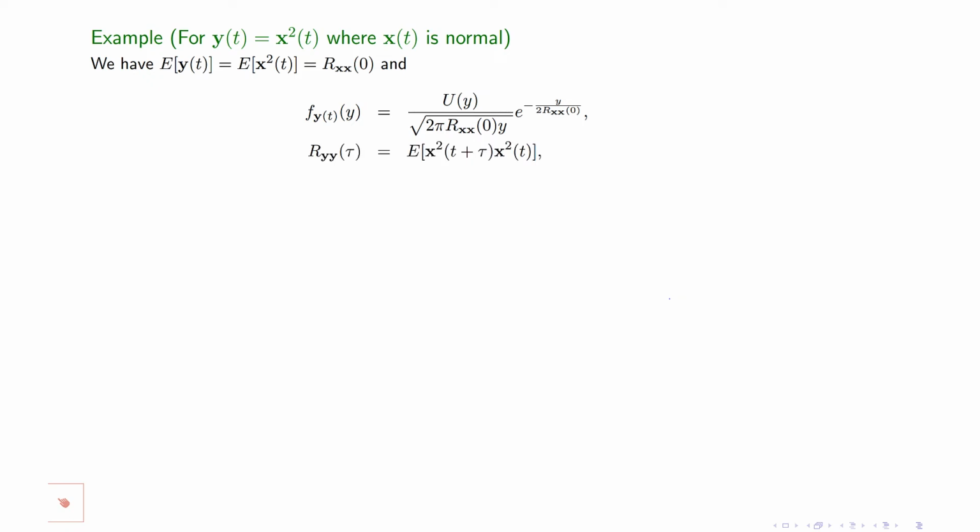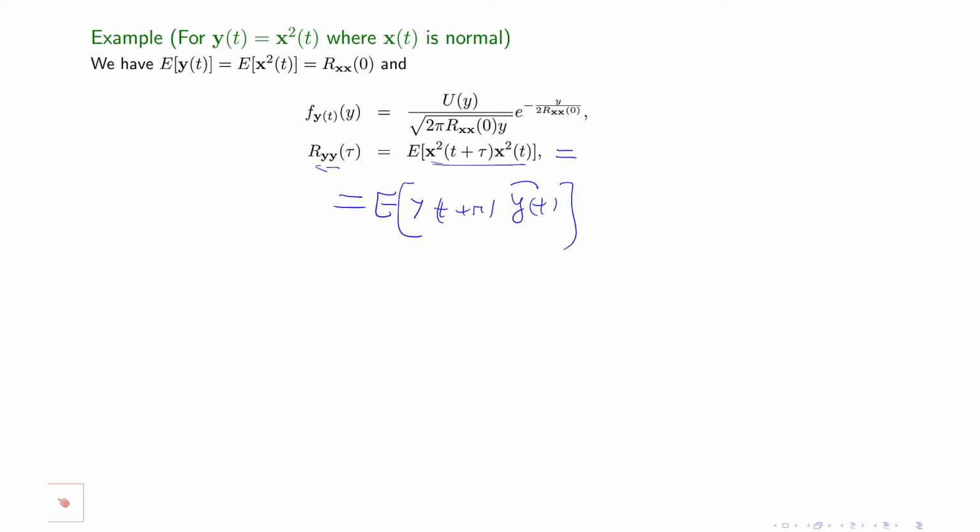So the autocorrelation of y is equal to the mean of y of t plus tau times y of t. Obviously this is equal to this, and this is equal to this one. Remember that these two are normal. So I have a product of 4 jointly normally distributed random variables.